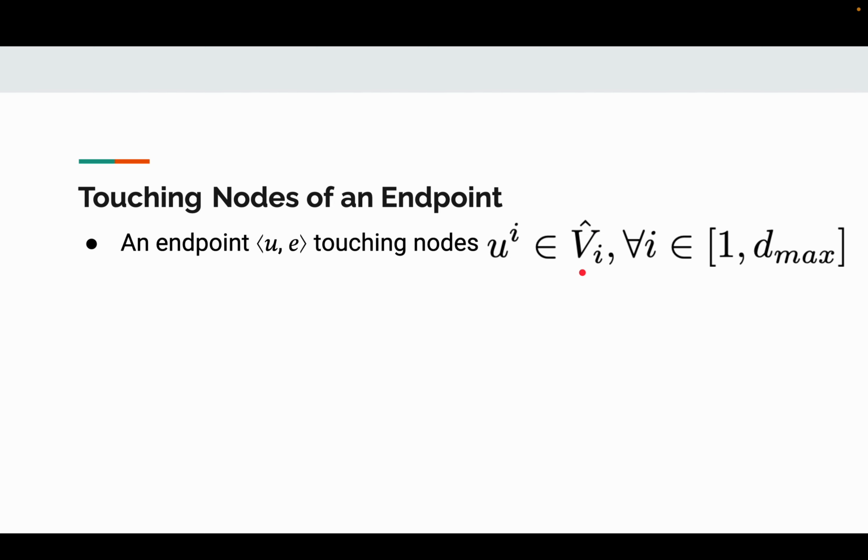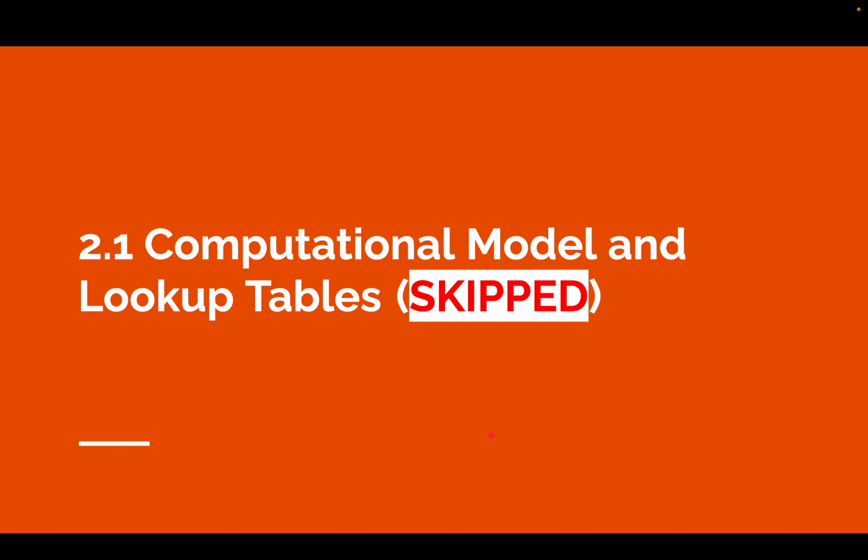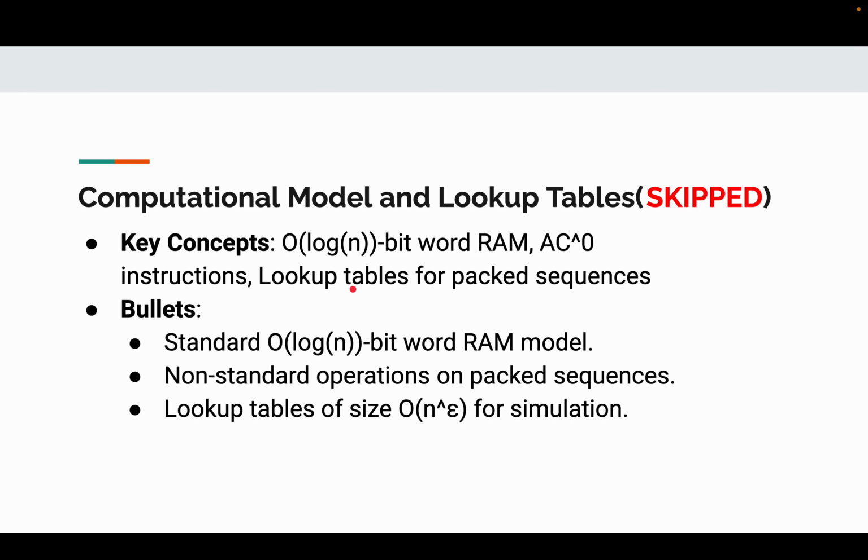So this concept is for all the hierarchy nodes, and it is a fundamental aspect of how we can track the connectivity relationships within the graph as it evolves. Okay, and for section 2.1, we may just skip it because it's not so crucial in this algorithm.